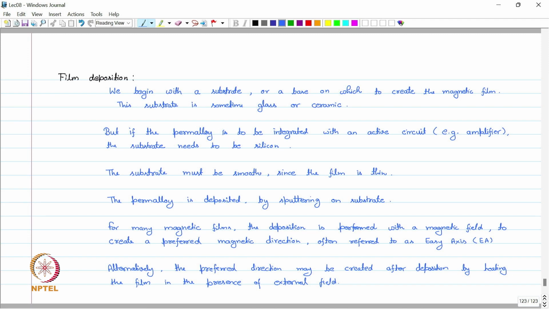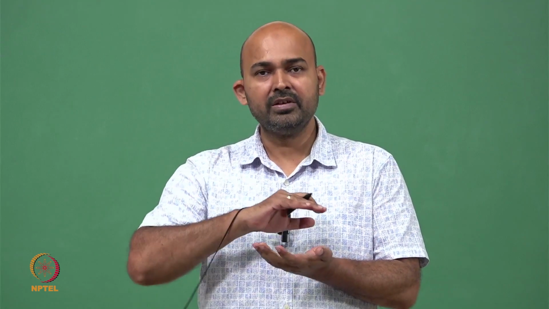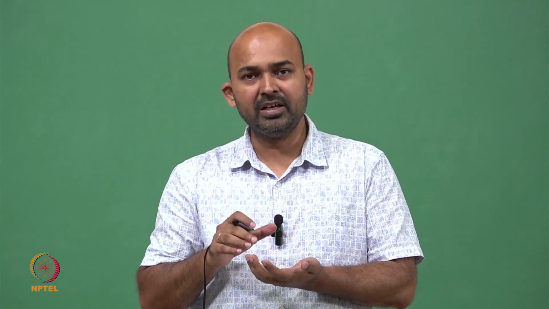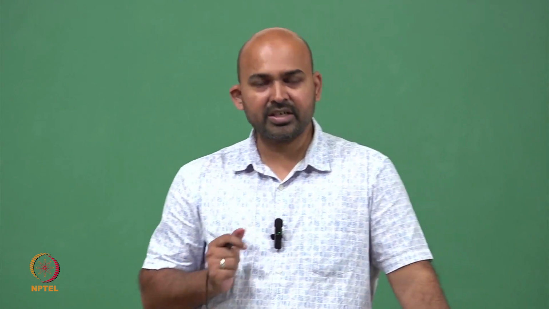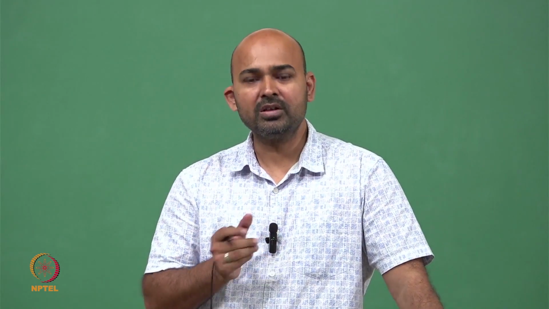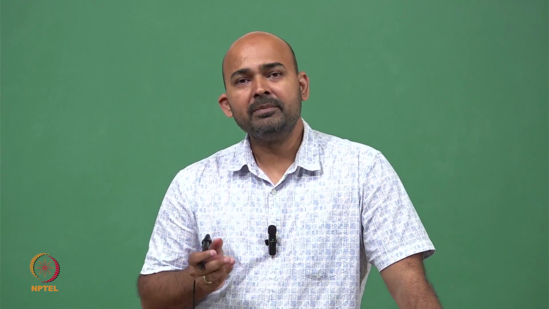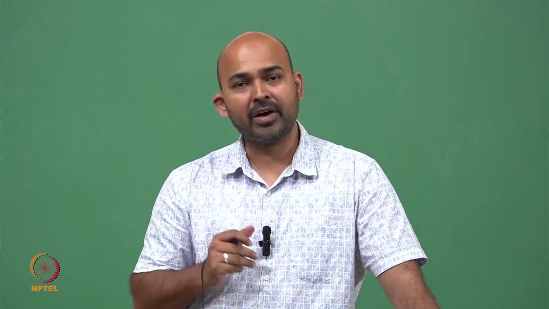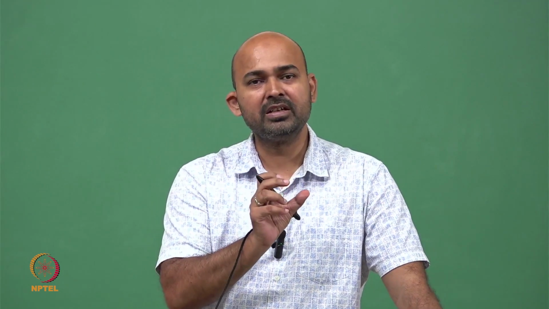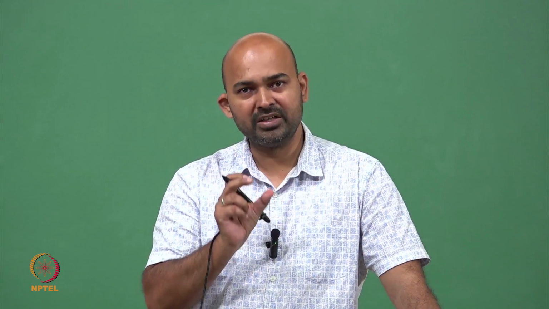So when we make these sensors, we begin with a substrate on which we deposit this magnetic material to make a sensor, and this substrate is sometimes glass or ceramic. But sometimes we want an active circuit as well, for example an amplifier, because the signal generated by these materials is very small.